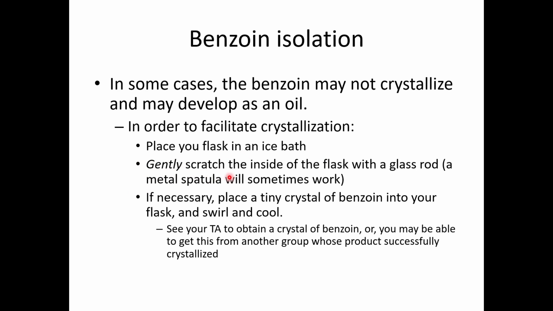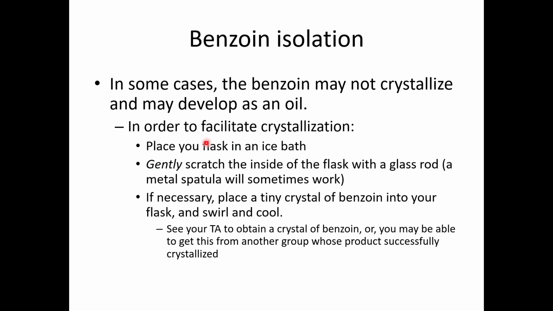Also, you can gently scratch the inside of the flask with the glass rod. It's actually a very commonly used method to precipitate materials. You can do it as well. And the third one is that you can place a teeny tiny crystal of the benzoin into your flask and swirl and cool.